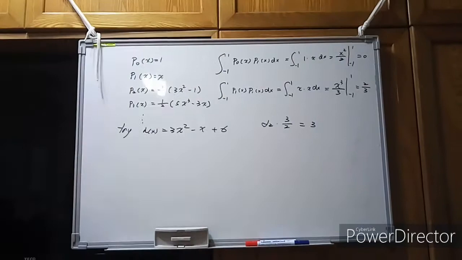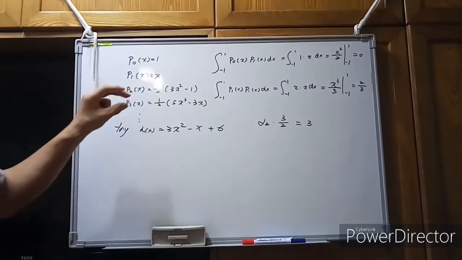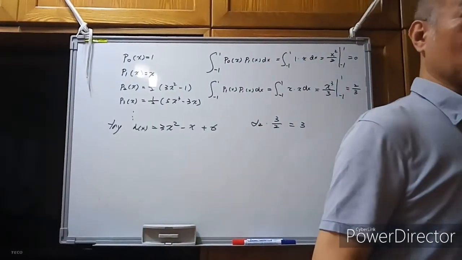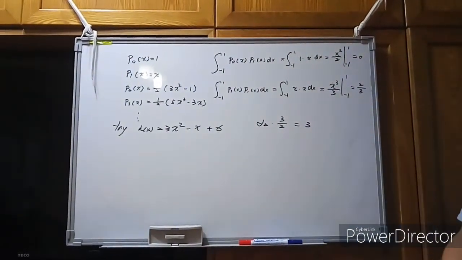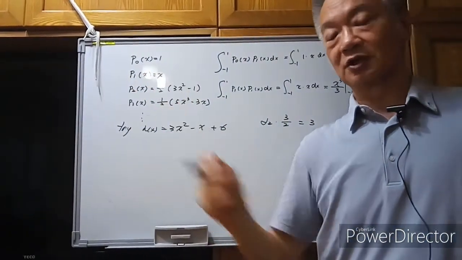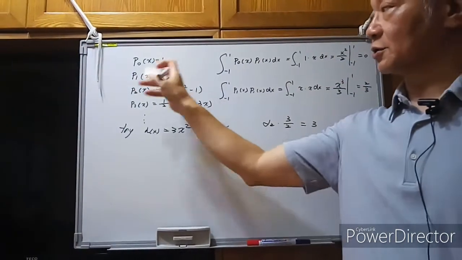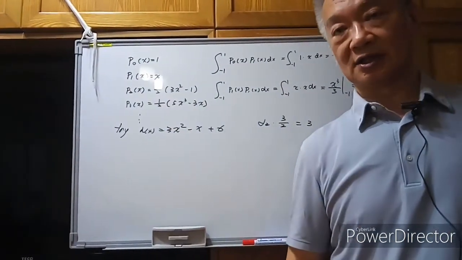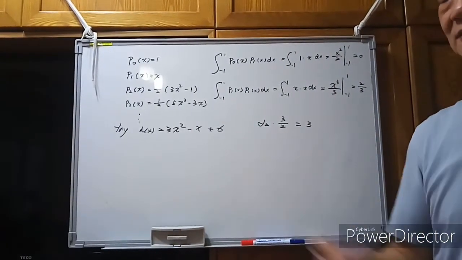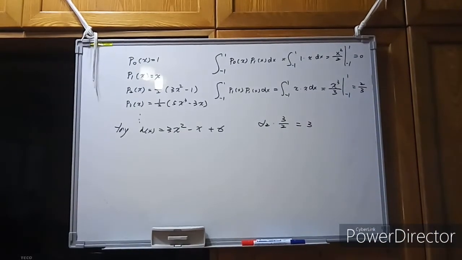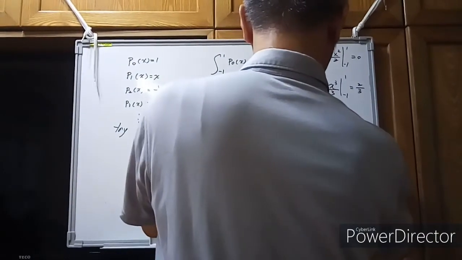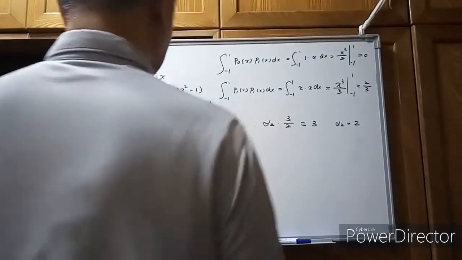Remember, only P2 of x will contribute to the x squared term, and P1 of x and P0 of x will not. P1 of x will contribute only to the first degree term of x, and P0 will contribute only to the constant term of this function. So we know alpha 2 is equal to 2. Okay, then.